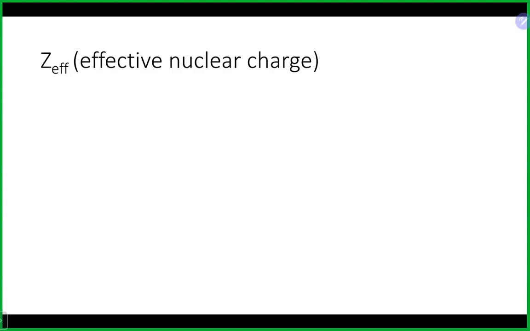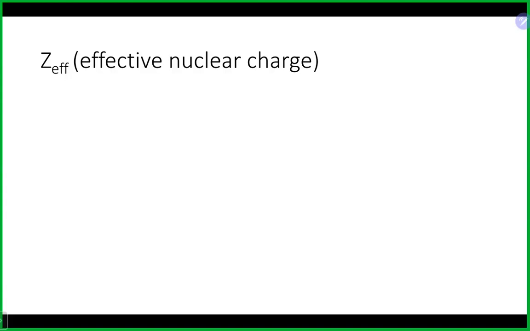In general, the attraction between something positive and something negative increases with the size of the charge. So something that's +4 and -4 are going to be held a lot tighter than something like a +1, -1 charge. They're still going to be held together, but not as strongly as a larger charge.